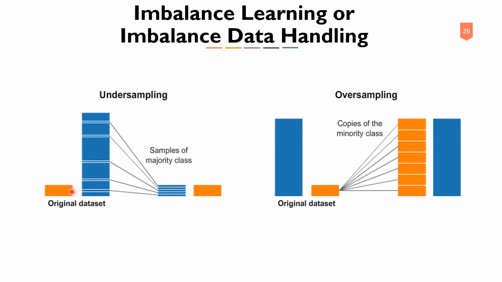For example, if we already have a short data set and we undersample it, say we have 1,000 instances, 100 here and 900 here, or like 20% minority class, then 200 would be here and 800 here. And if we do undersampling, definitely the number of instances in the data set will decrease further.